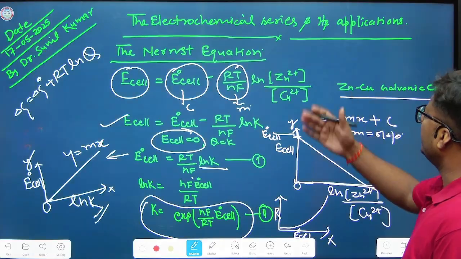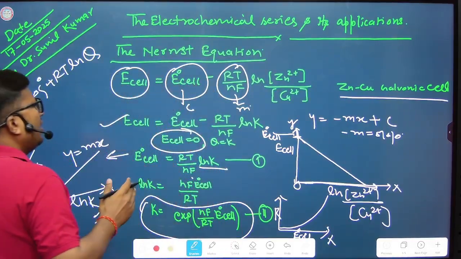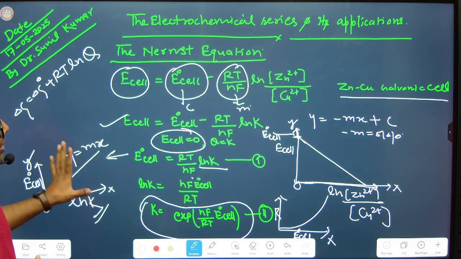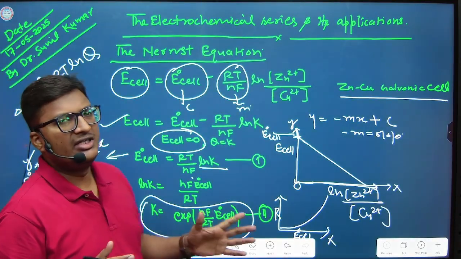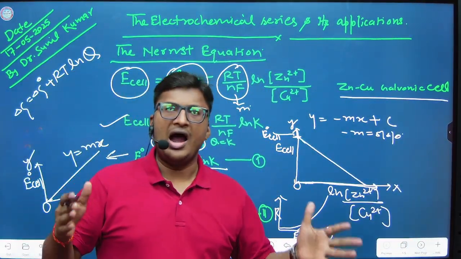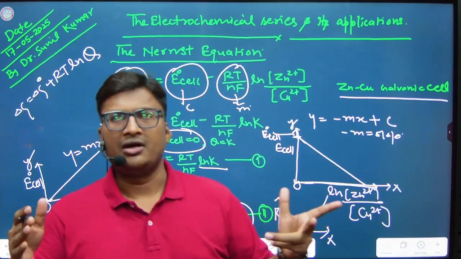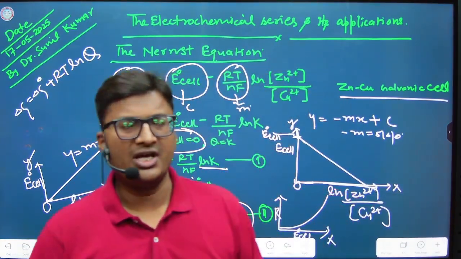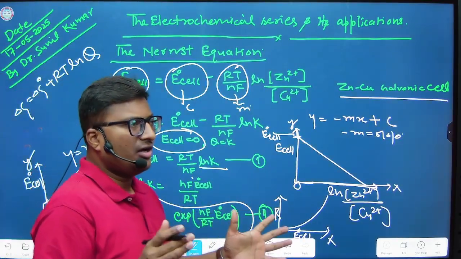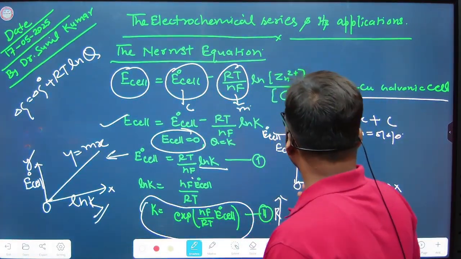So these are the ideas that have been refreshed for you, because without the Nernst equation, electrochemistry is insignificant. So we have to understand the ideas, scientific terms and graphical variations in the cell potential, so that we can apply them in various sectors using electrochemistry and electrochemical ideas.